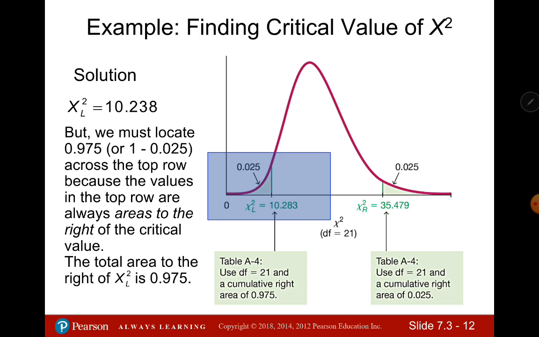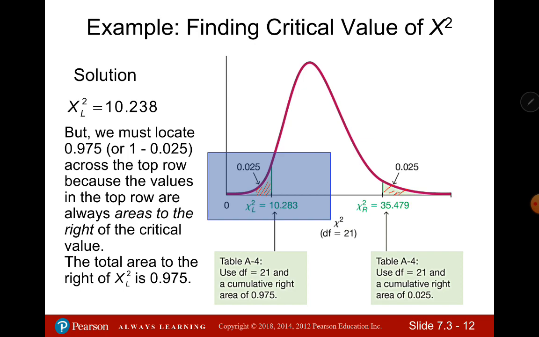This time, the left side critical value is a little bit more complicated than the right side critical value, because we cannot directly use 0.025. 0.025 is for the right side critical value, right? This time, we only know the area cumulative to the left of this critical value is 0.025.